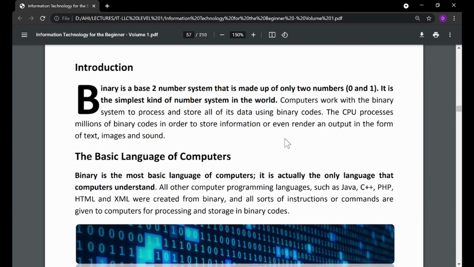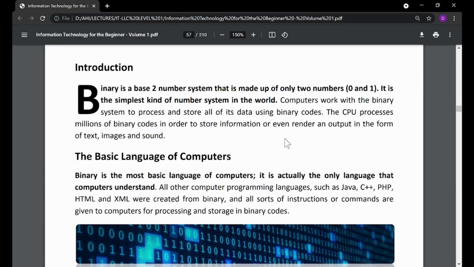All other programming languages, such as Java, C++, PHP, HTML, and XML, were created from binary. And all sorts of instructions or commands are given to computers for processing and storage in binary. If you have questions, I'd like to hear your questions.